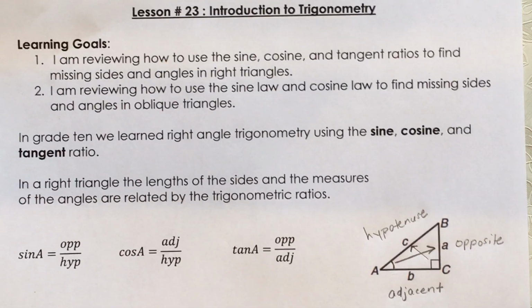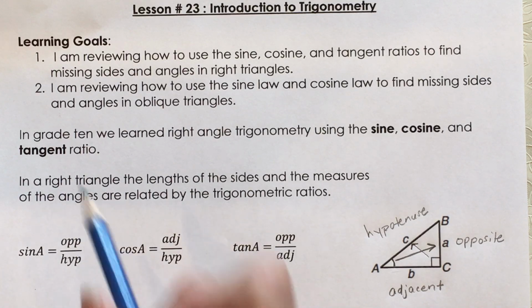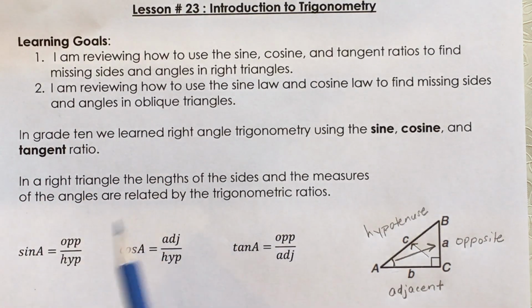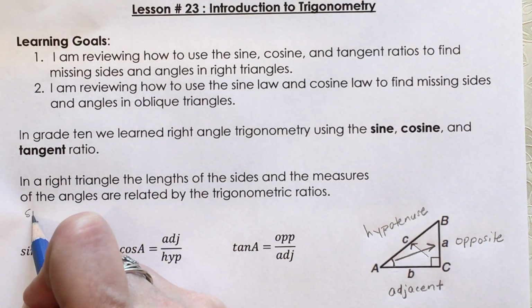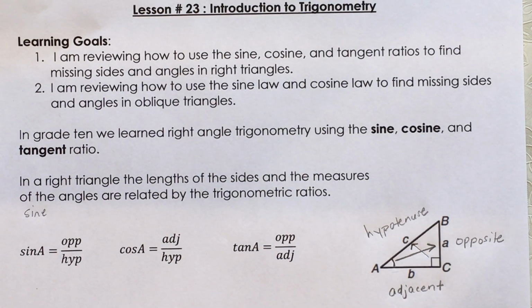And the trig ratios are the sine of angle A. Sine is spelled S-I-N-E, but when we are using it, we just use the short form S-I-N. Sine of angle A is equal to the length of the opposite side over the length of the hypotenuse.